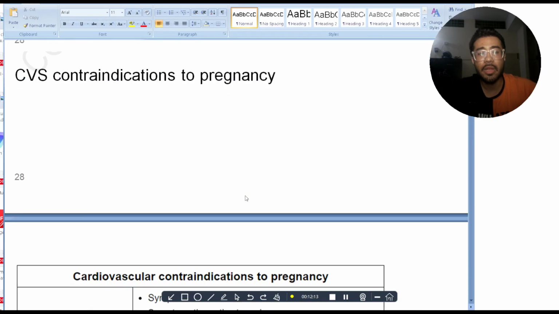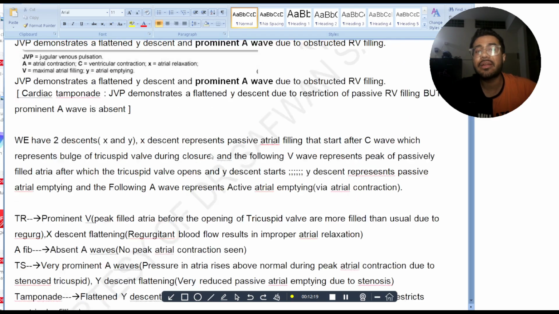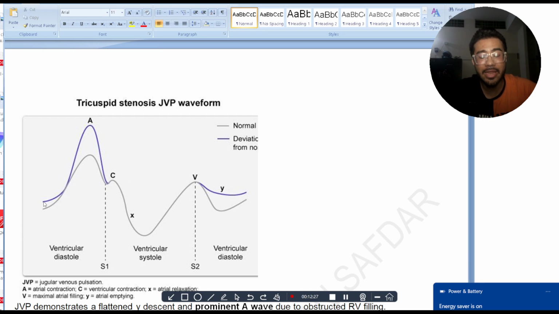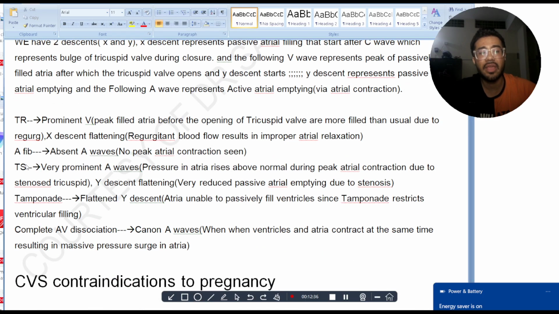And what are you going to see there? Absent A waves, no peak atrial contraction seen. The A wave denotes the peak atrial contraction, as you know. Y descent is passive atrial emptying, and then the atria start contracting. Because in AFib there is no uniform contraction, there would be no A wave present. So that is how you make sense of AFib.